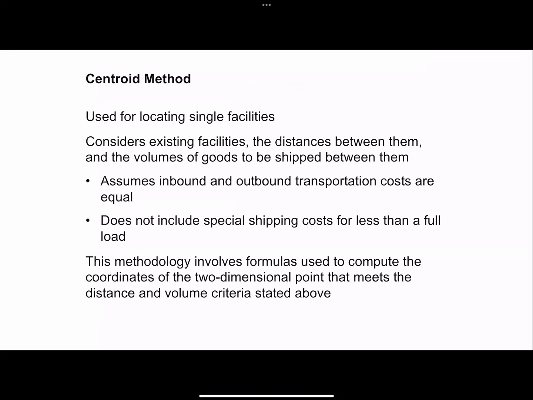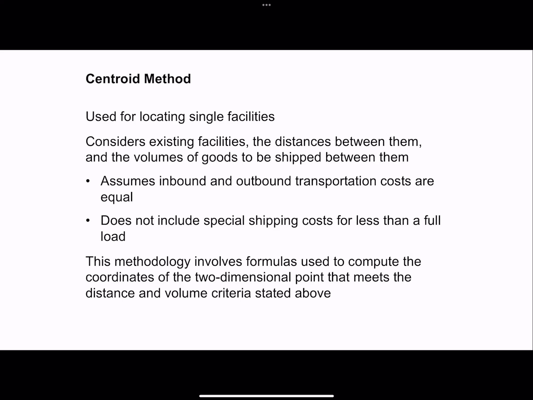But the central method helps you find a good, optimal location if you want to build one more facility, such as a distribution center or a warehouse. You already have several, so you want to find a new location close to each of them, and you can apply this method to solve it.